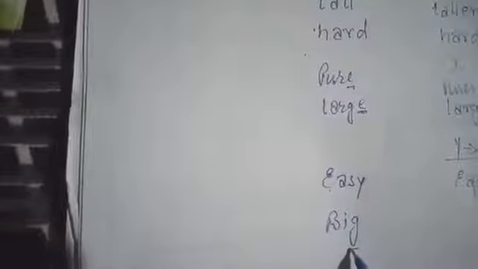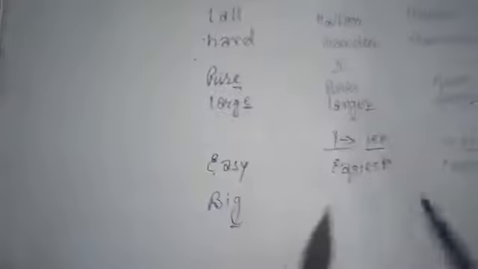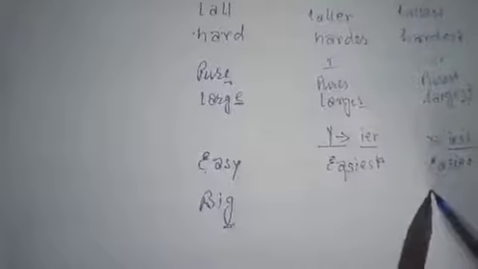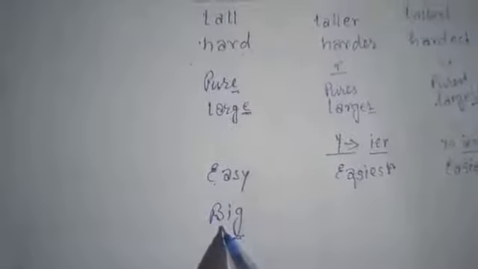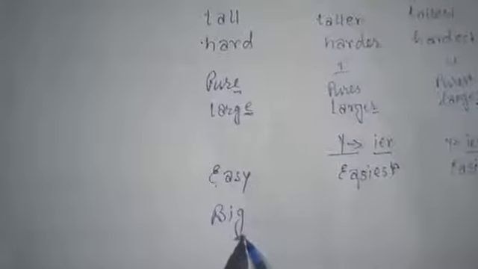In comparative degree we will double the consonant and after that use er, and in superlative degree we will double that consonant and use est. That word is big. It's a small word, right? So there is a single consonant here.